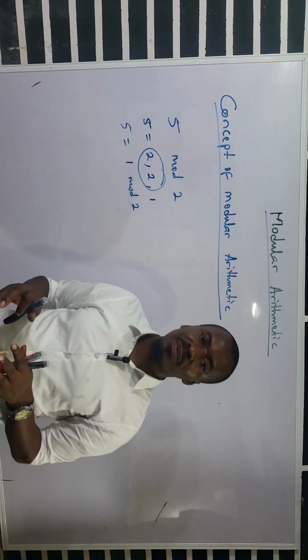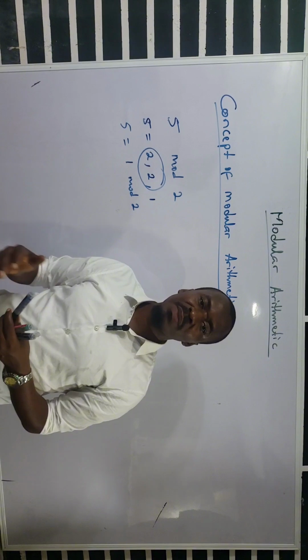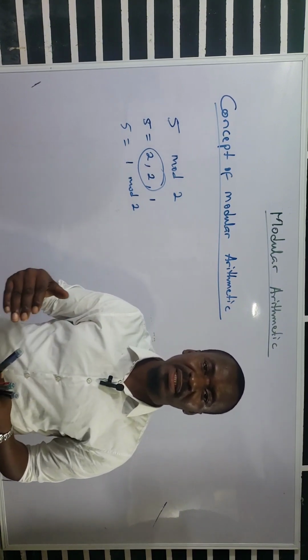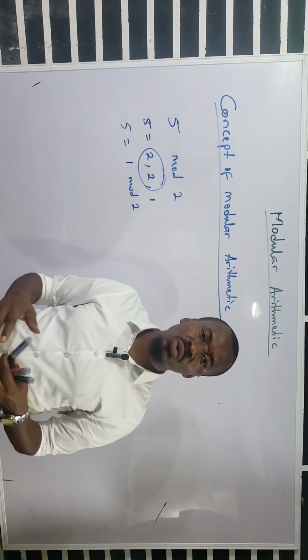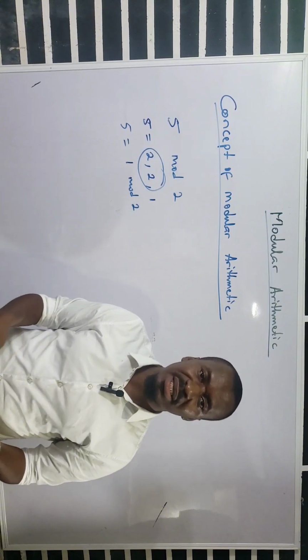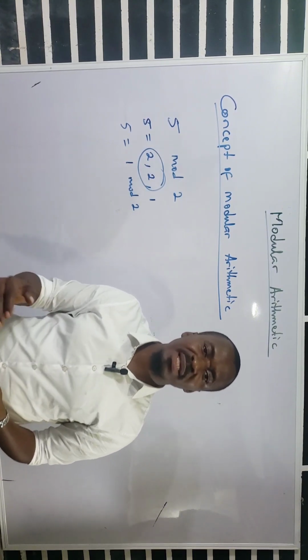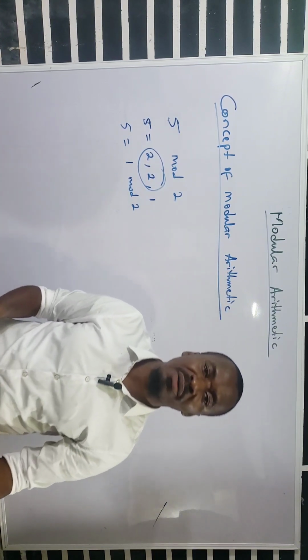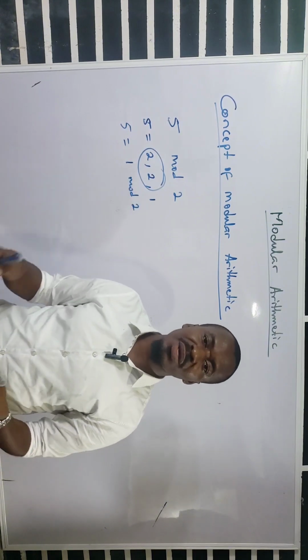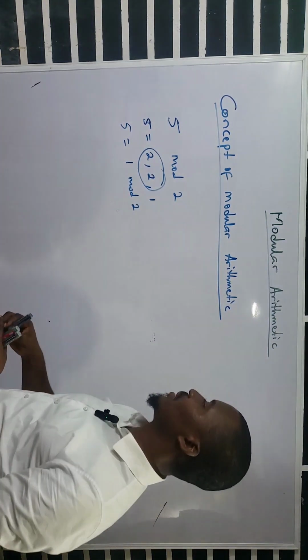Okay, now what does that mean? It means that numbers in base 2 are also what we call the integers in modulo 2. Numbers that you find in base 8, that is what you have as the integers in modulo 8. So what does that mean?